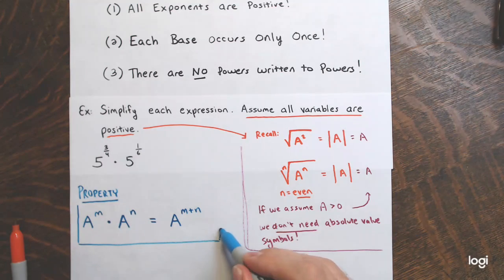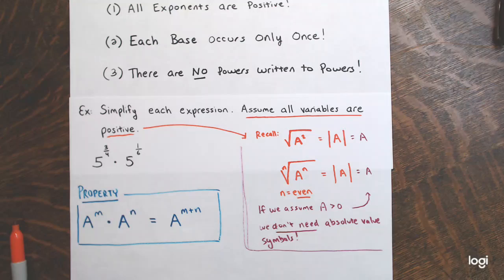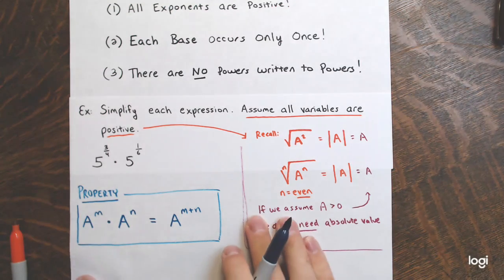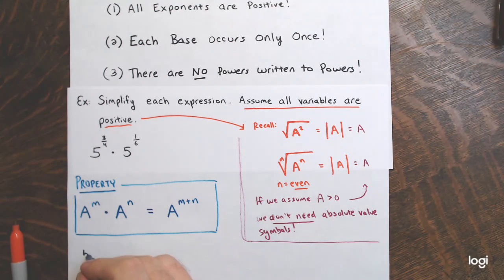Alright, so this property I'm going to employ for this example. I'll rewrite that down here. So we have 5 to the 3/4 power times 5 to the 1/6 power. You see the 5 is like the A, the 3/4 is like the m, and the 1/6 is like the n.